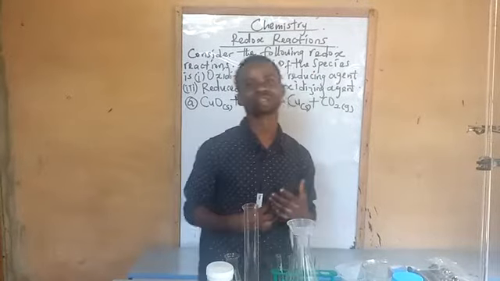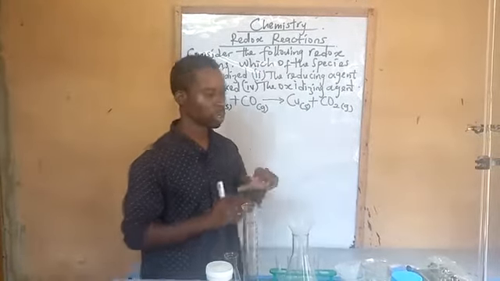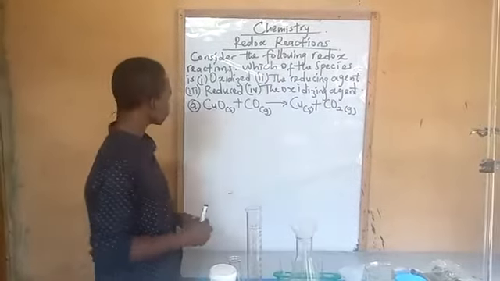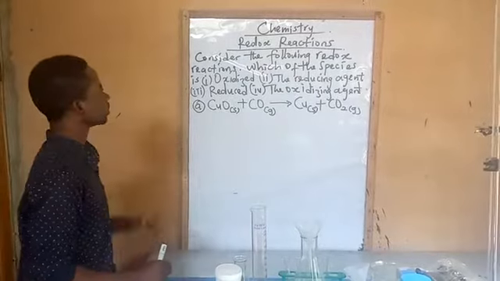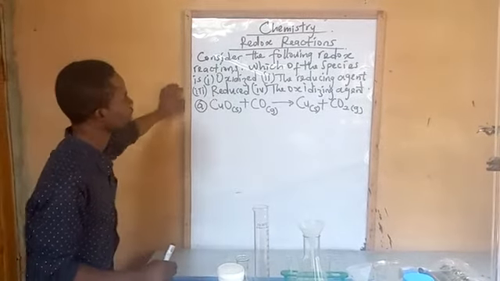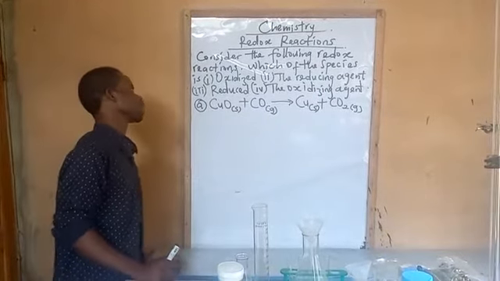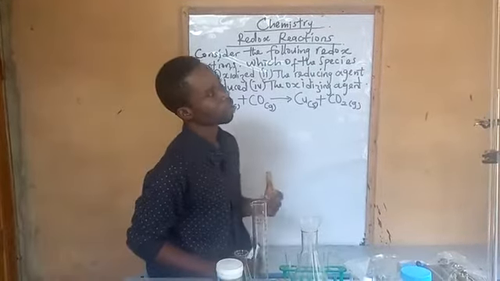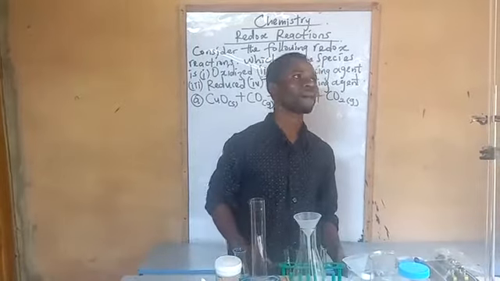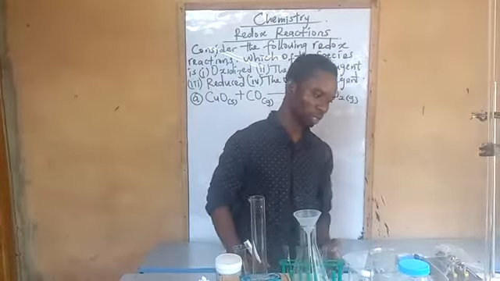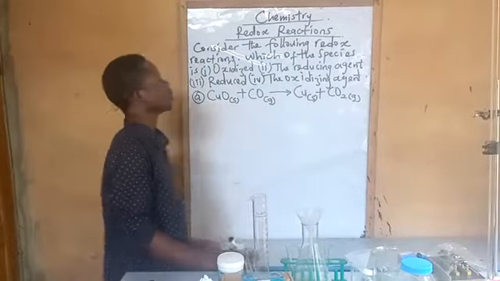Redox reactions mean transferring of electrons from one reactant to another. And it can happen in two ways. It can be in terms of oxidation number, and can also be in terms of ions, in terms of the electron method.